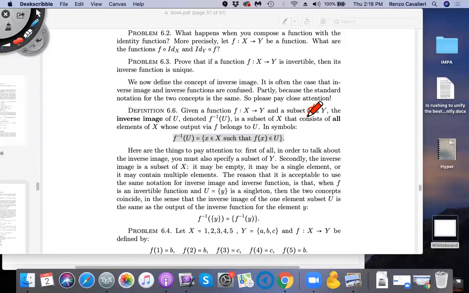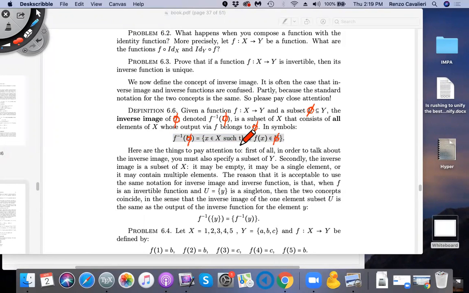how does this definition now read? So the inverse image of the empty set, which is denoted as F inverse of the empty set, is the subset of all elements of X whose output via F belongs to the empty set, right? So F inverse of the empty set is the set of all x in X such that F of x is an element of the empty set.